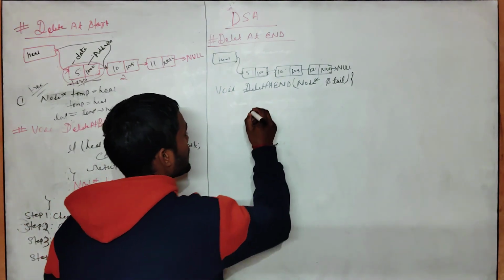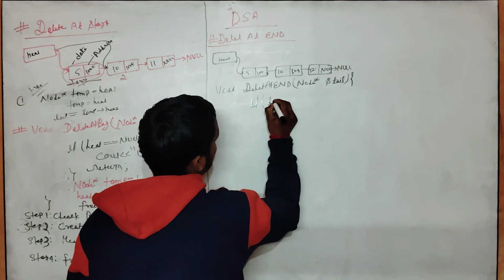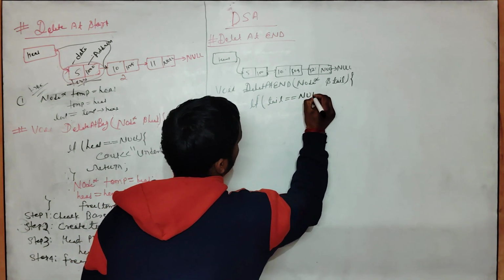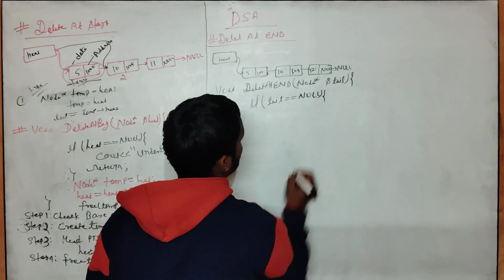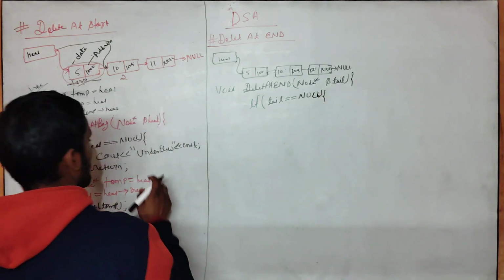If I'm writing the base condition here: if tail is equal to null, or data is null, then simply I am writing underflow.